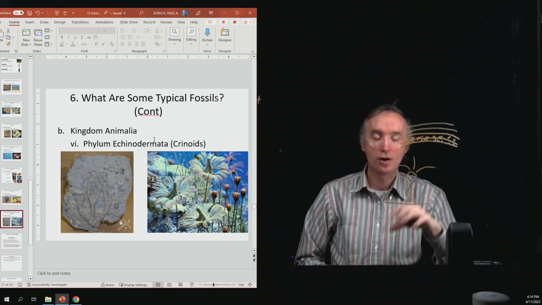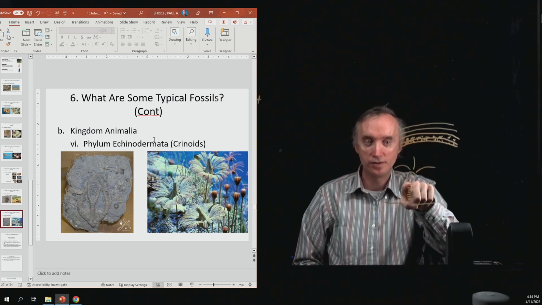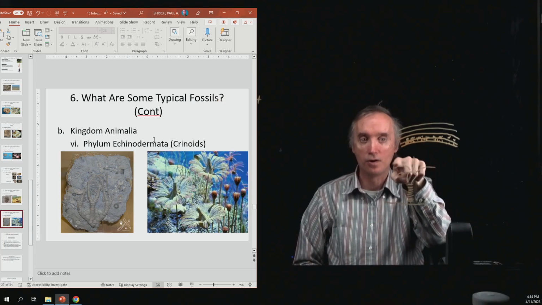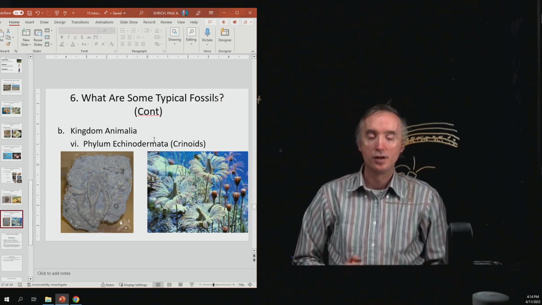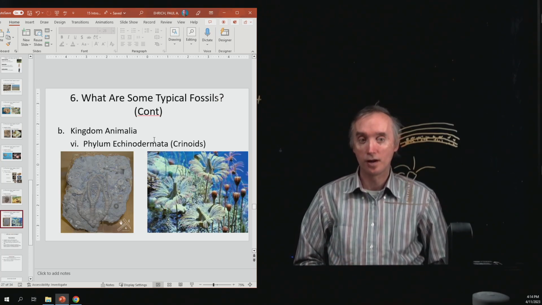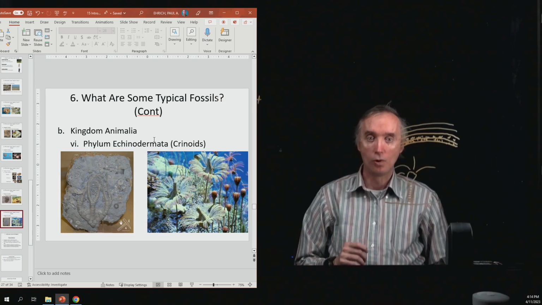Now the whole thing is made of calcium carbonate. So these discs are made of calcium carbonate, the head's made of calcium carbonate, the tentacles are all made of calcium carbonate. So they lived close to the shorelines of oceans in relatively shallow water.